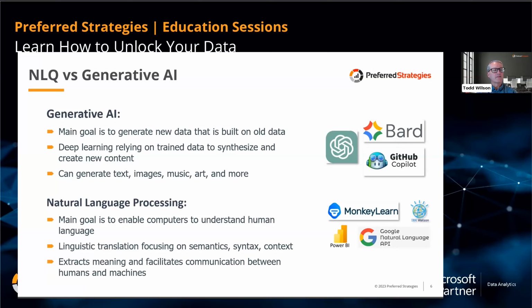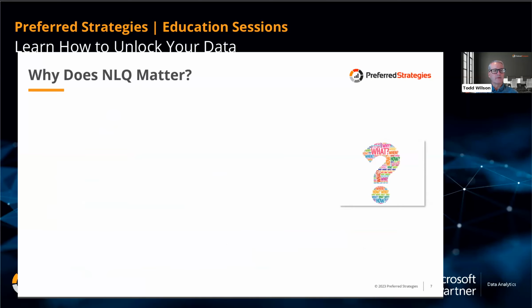So by extracting that meaning, it facilitates that communication in a way that we become very used to in our day-to-day personal lives. The same can be done with the data that's within our J.D. Edwards environment and any of the auxiliary data sets that we've combined with that J.D. Edwards data. But extracting meaning from that query and going directly to our J.D. Edwards data to be able to make sense of that, turning that into a useful query.